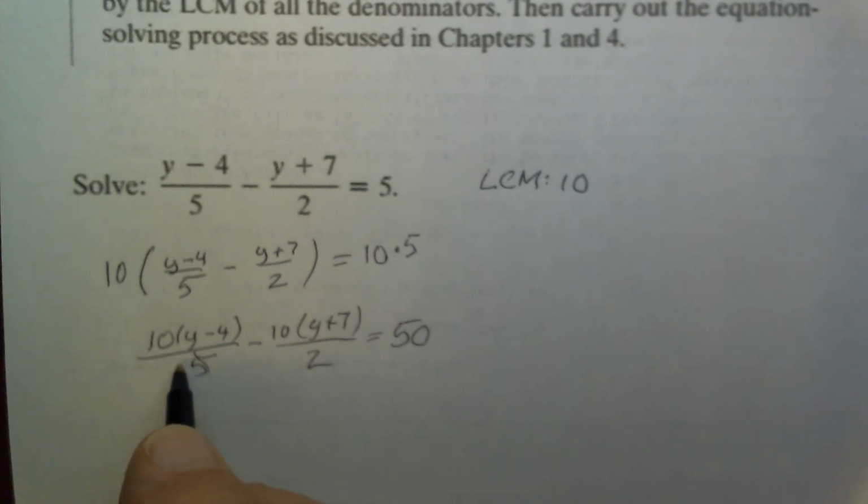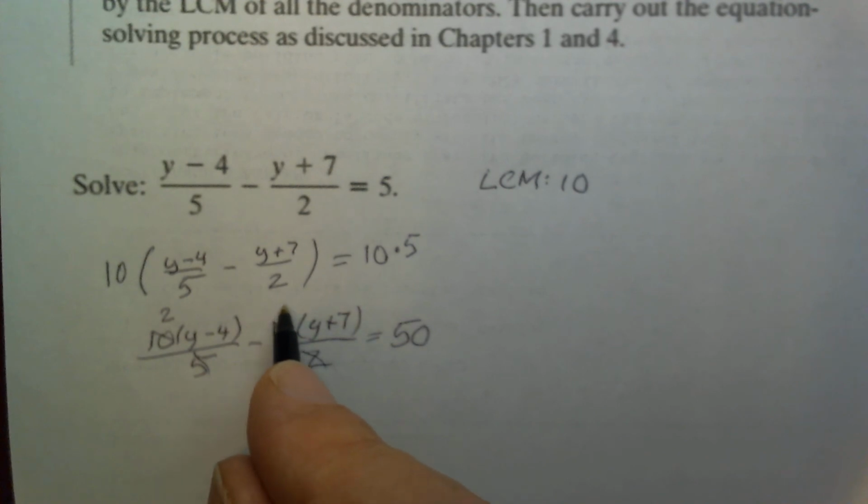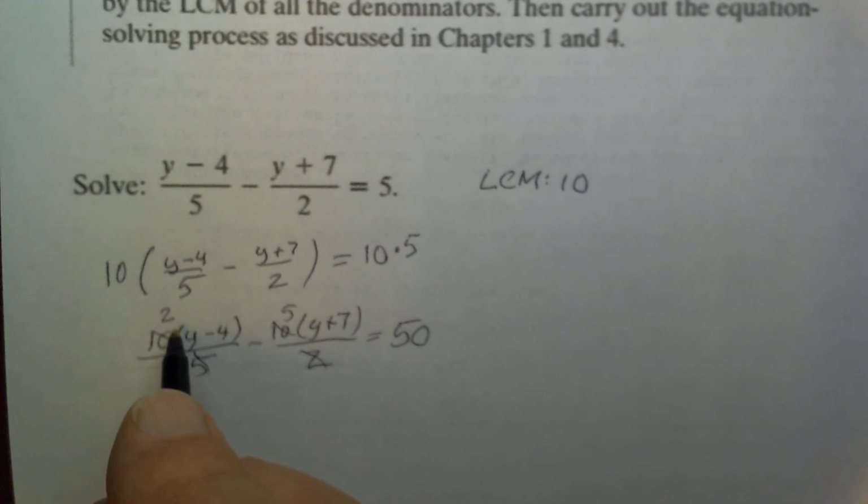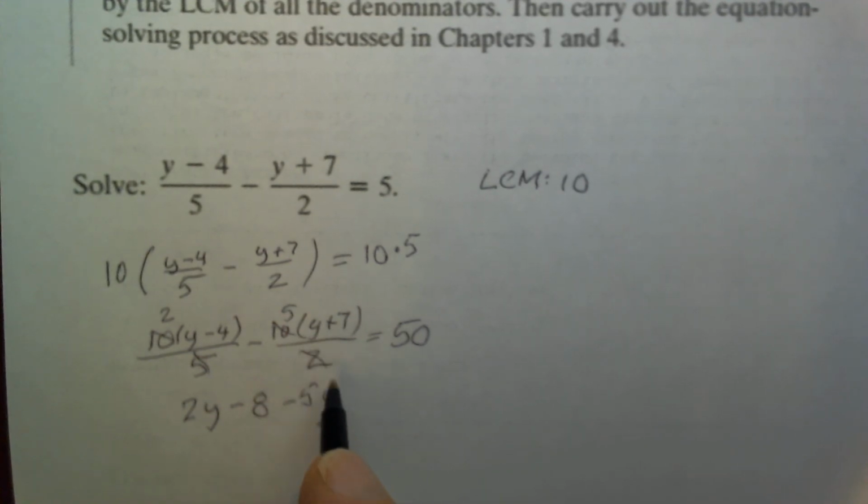The 5 goes into 10 two times, and the 2 goes into 10 five times. Using the distributive property, 2 times y is 2y, and 2 times minus 4 is minus 8, and minus 5 times y is minus 5y, and minus 5 times 7 is minus 35, and that's equal to 50.